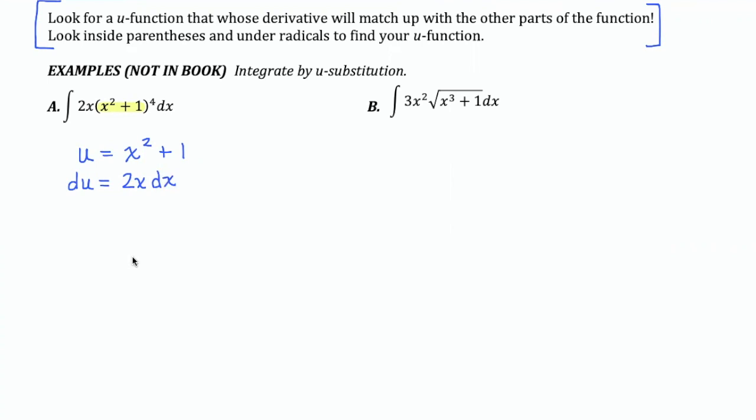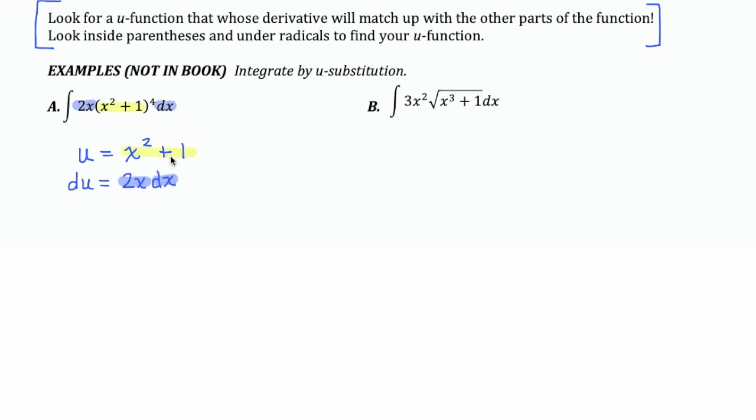Now, what we mean by will match up with other parts of the function is that I have highlighted in yellow the portion that is going to be equal to u. I'm going to change my highlighter color. And now notice du is the same as 2x, which is here, and dx, which is here.